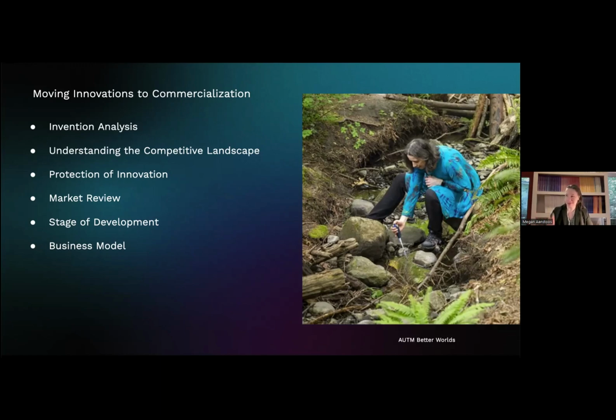So moving up to the other bullet here is the stage of development. A lot of times our innovators come to us very, very early stage, and when they come very early stage, it's just not ready to go out. That's where you really need to find those early stage partners, those grants, and what is that proof of concept?